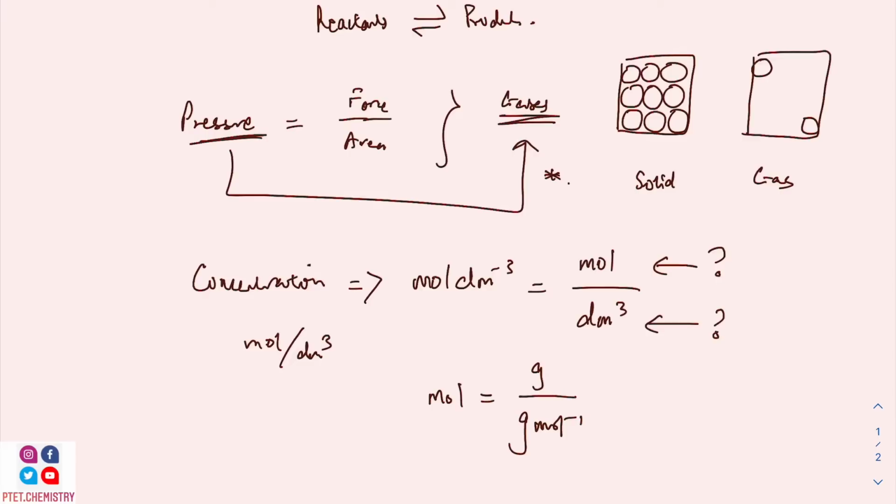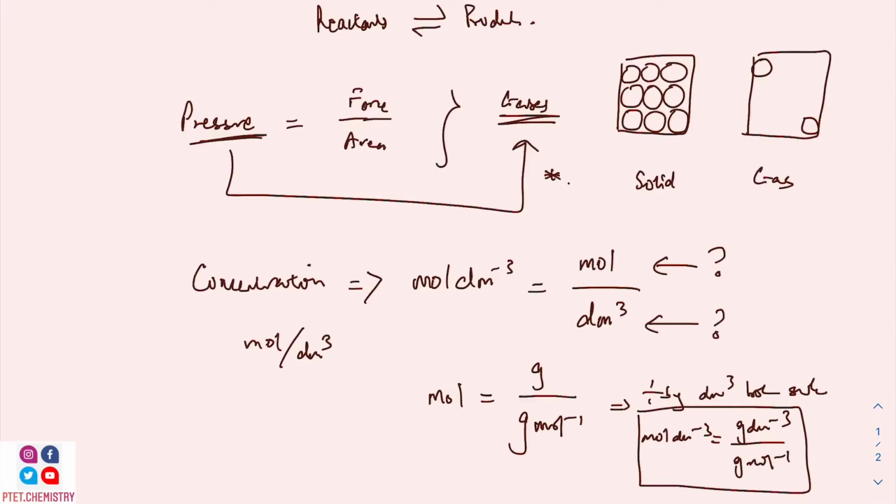This divided by this will give you the quantity of mole. If I divide by dm cube on both sides, I get mole per dm cube is mass per dm cube over Mr. So that's how you get the mass concentration as well, in relation to Mr, from mole per dm cube. Anyway, I think I've gone too far there.